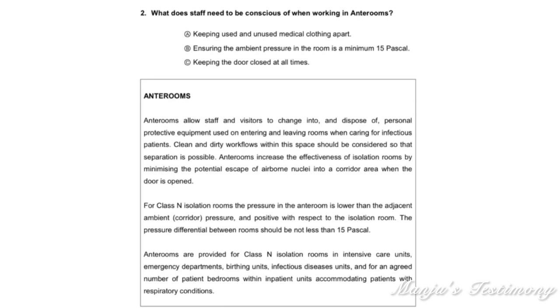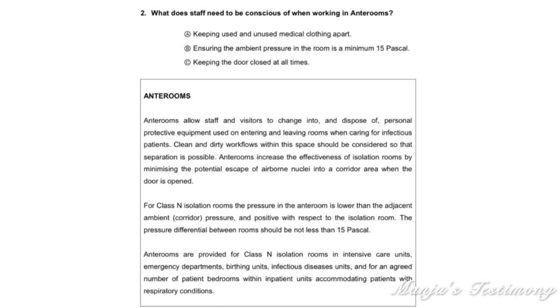Anterooms. Anterooms allow staff and visitors to change into and dispose of personal protective equipment used on entering and leaving rooms when caring for infectious patients. Clean and dirty workflows within the space should be considered so that separation is possible. Anterooms increase the effectiveness of isolation rooms by minimizing the potential escape of airborne nuclei into a corridor area when the door is opened.